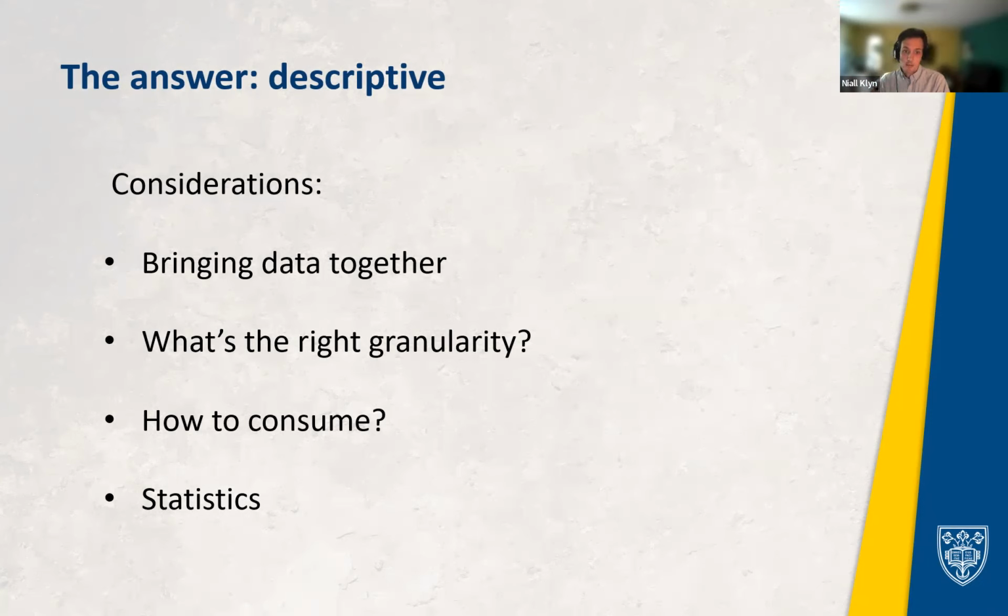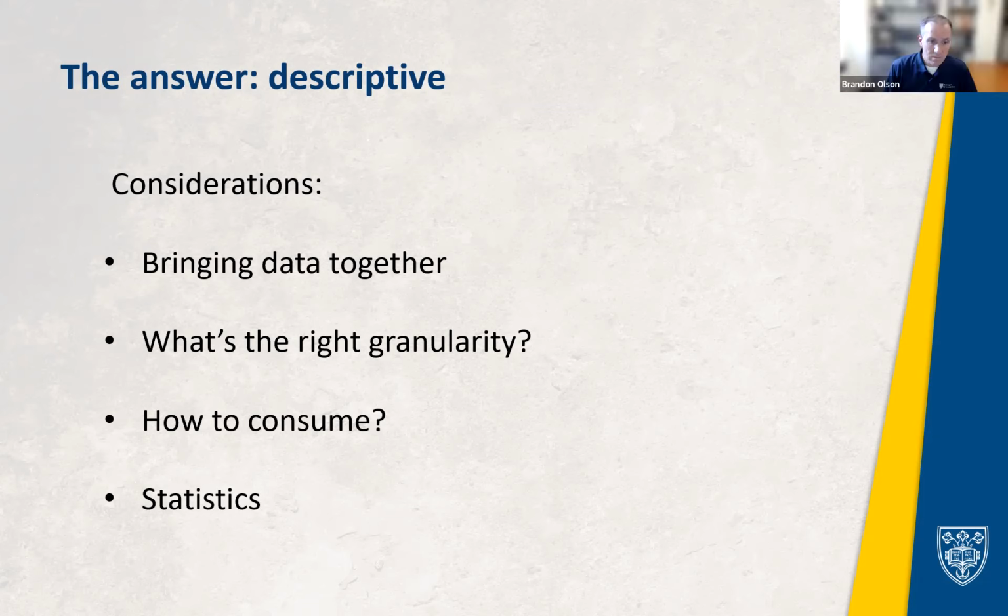We need to start thinking about bringing them together. How can we tie the right prescription to the right encounter, to the right provider, to the right patient, to the right surgery? Because that surgeon may not have been the person who made the prescription that's relevant to that surgery, right? That may have been a different provider.